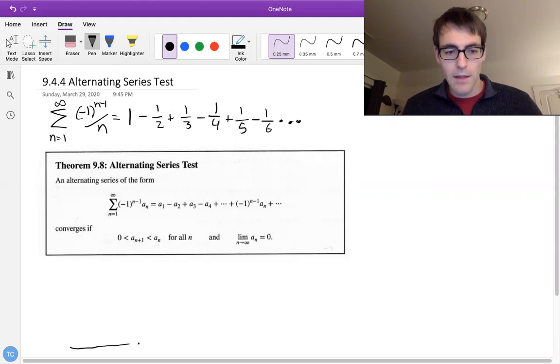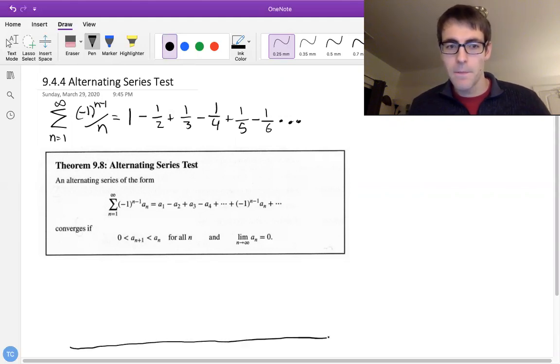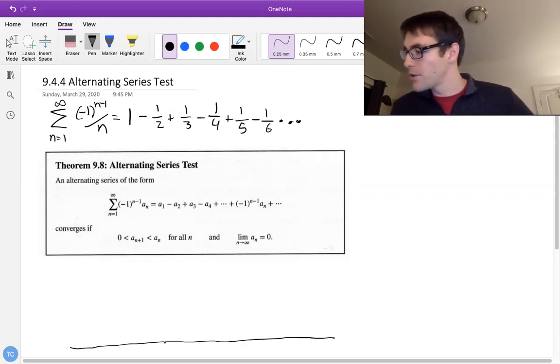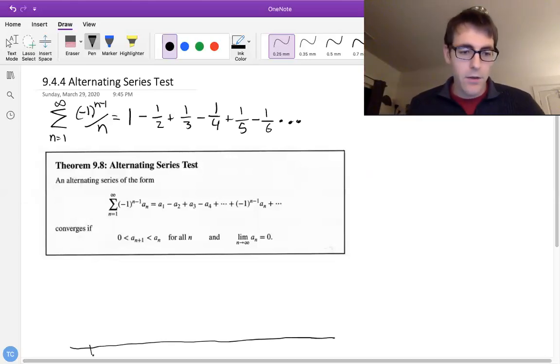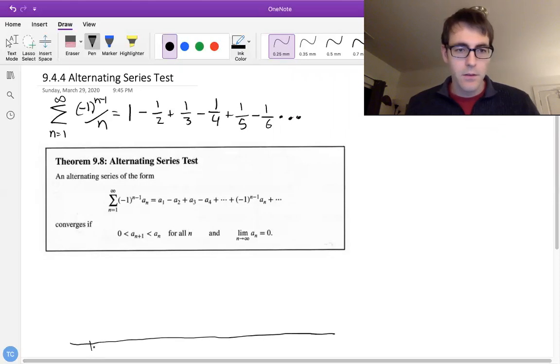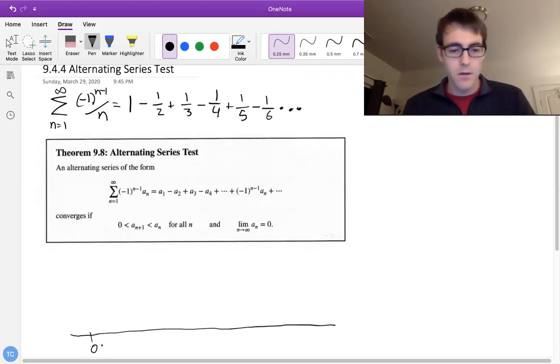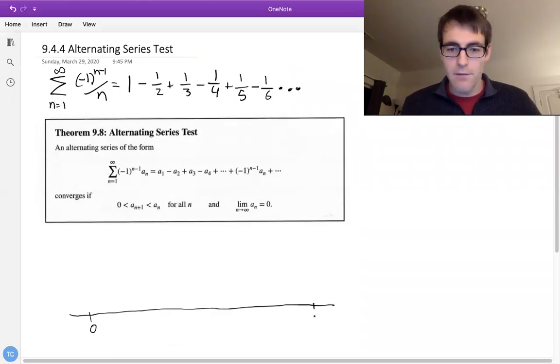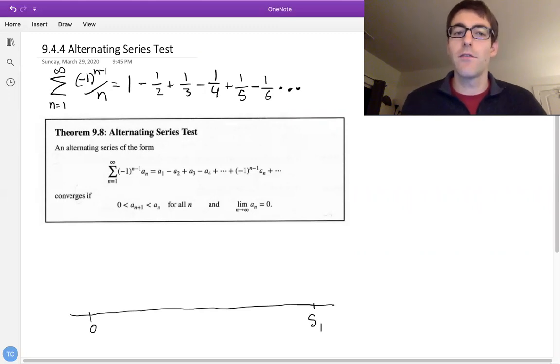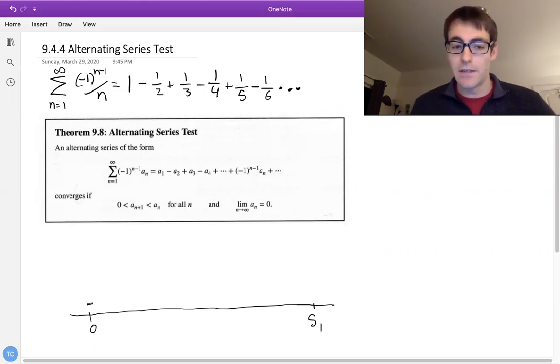Let's just take a number line, and we've got our 0 here, and let's say that this is S1. In other words, it is just the first term. This is a perfectly reasonable example, but this logic works for any alternating series.